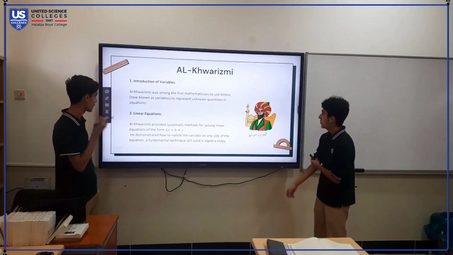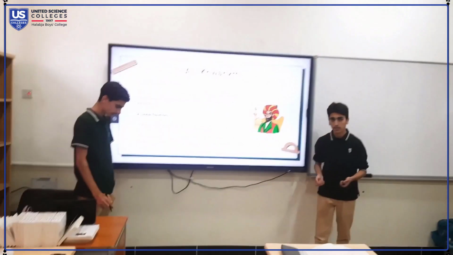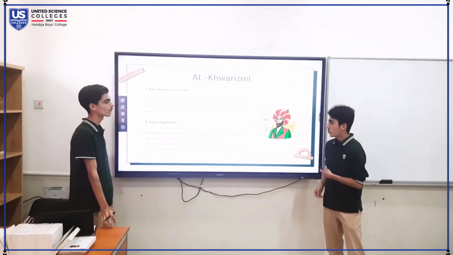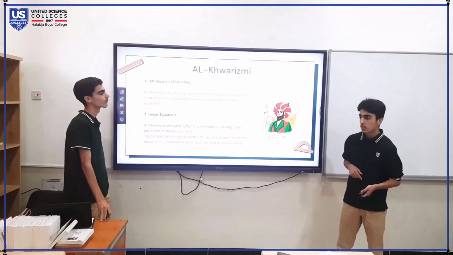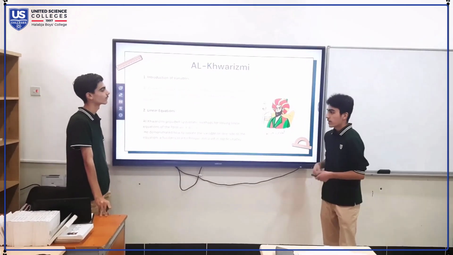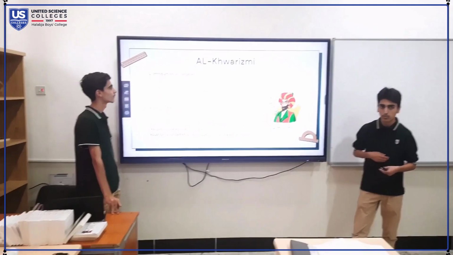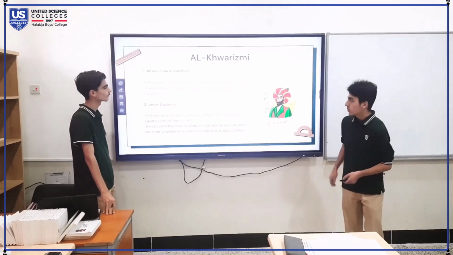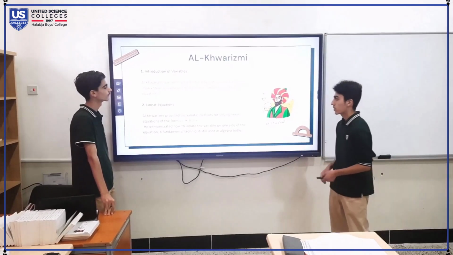And Al-Khwarizmi. Who was Al-Khwarizmi? Al-Khwarizmi was a Persian mathematician, astronomer and geographer who lived in the 9th century. He contributed a lot to math and especially to equations. One of his contributions is the introduction of variables.